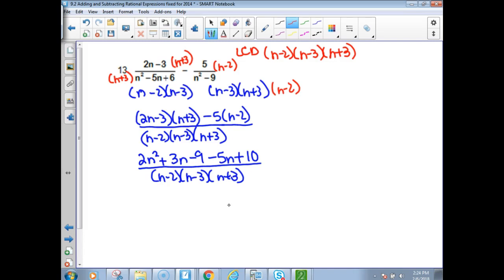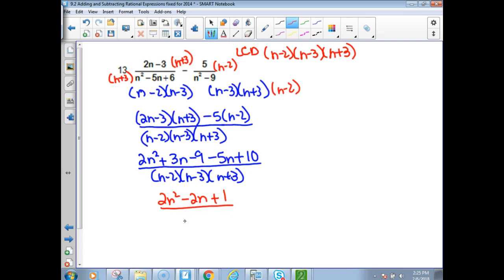Okay, simplifying my numerator, and then I've got to see if it can factor. So I've got 2n squared minus 2n plus 1. Right? That looks good. And will that factor? I think I better try to factor it right now. Oh, no. 2 and 1 will never get me a 2.